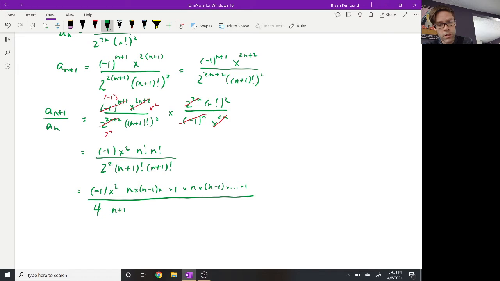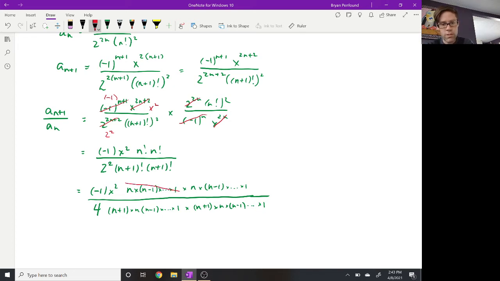So we're going to get n plus 1 times n, etc., all the way down to the number 1, and the same thing for my next one. And once we expand out these expressions, we're going to notice that most of this stuff is going to cancel off.